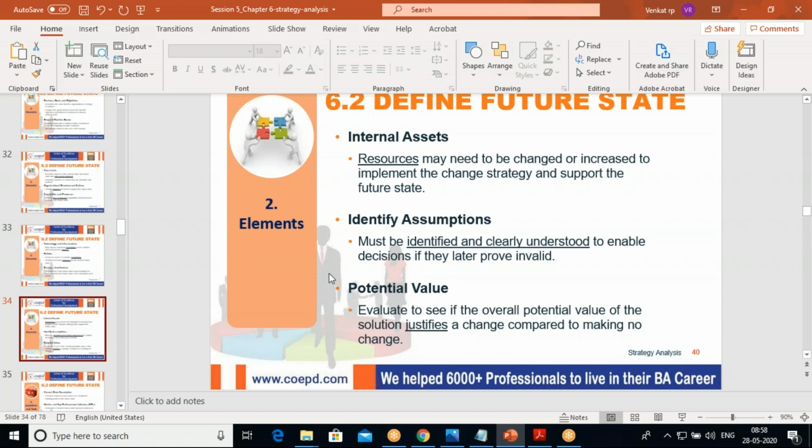And here, the extra: we have to identify the assumptions. They must be identified and clearly understood to enable decisions if they later prove invalid. That means assumptions are very, very important here, because sometimes you assume something and people don't know it. Let me say one of the assumptions would be that the stakeholders who are part of it know the process and are at expert level in so and so areas, you may think, but once it comes to the scenario, they may not know about it. In such a case, it proves to be fatal.